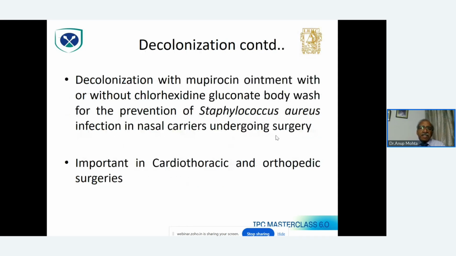Now, nasal carriers, we don't know, but if we have a nasal carrier, decolonization with mupirocin ointment with or without chlorhexidine gluconate body wash is recommended in cases of nasal carriers of Staph aureus undergoing surgeries. Okay, this is more important in the case of cardiothoracic and orthopedic surgeries.